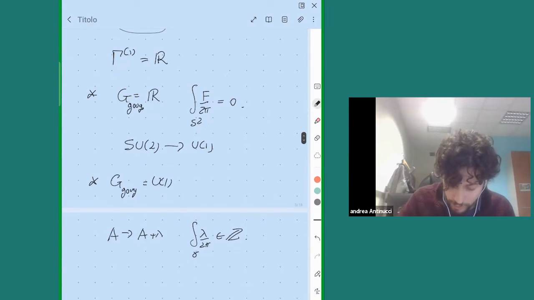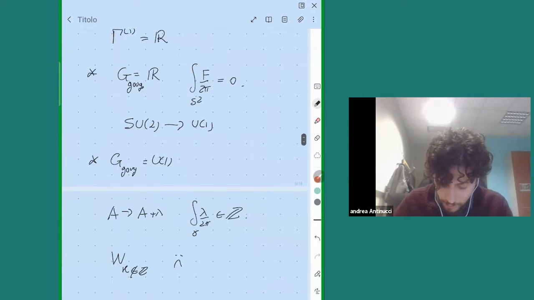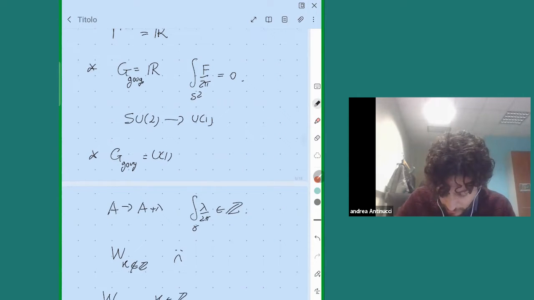And so, for instance, the Wilson lines with k which is not an integer are not allowed. Okay? Now, my good operators will be only the Wilson lines with k which is an integer.